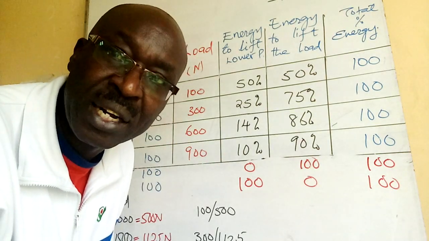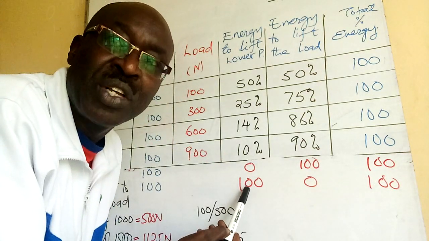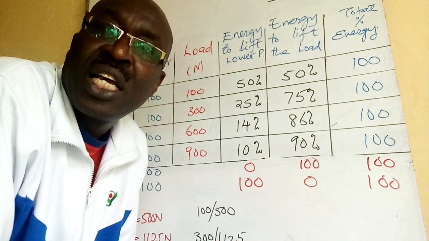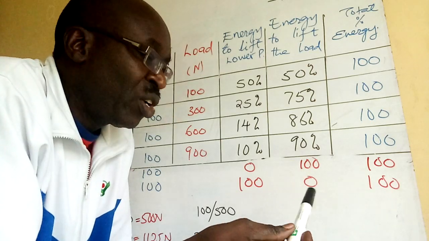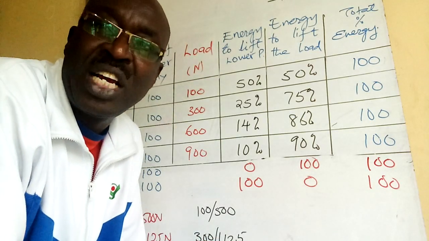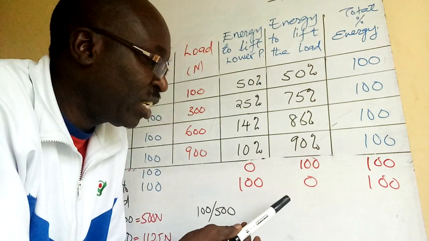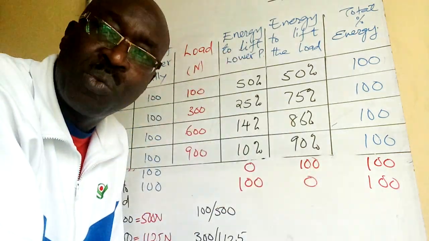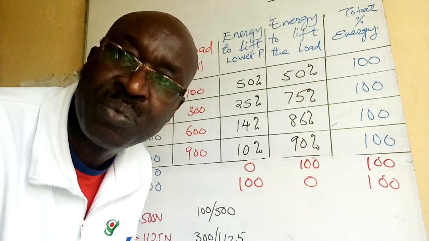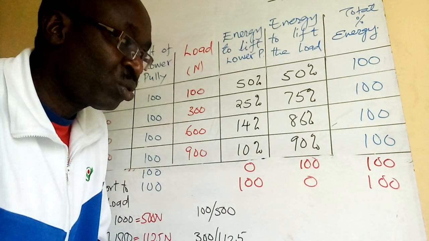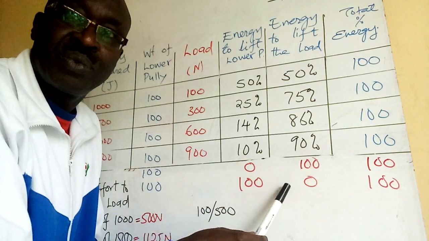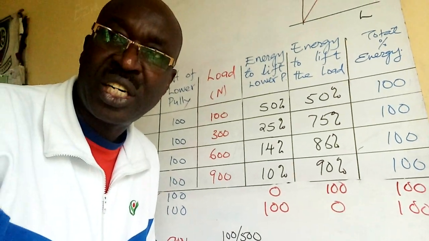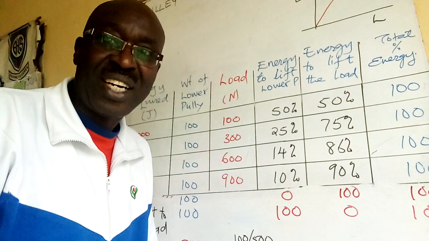And now you are saying all the energy I have has been used to lift the lower pulley, and no energy is left in me to lift the load which I intended to transfer from one point to some given height. That is not tenable. So these two go against the logic. There is no logic there.